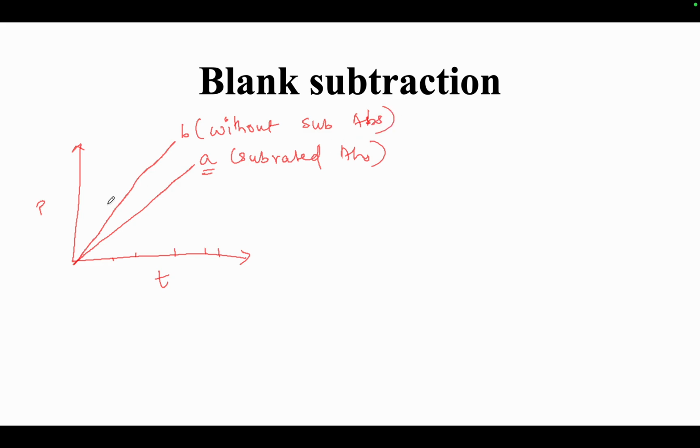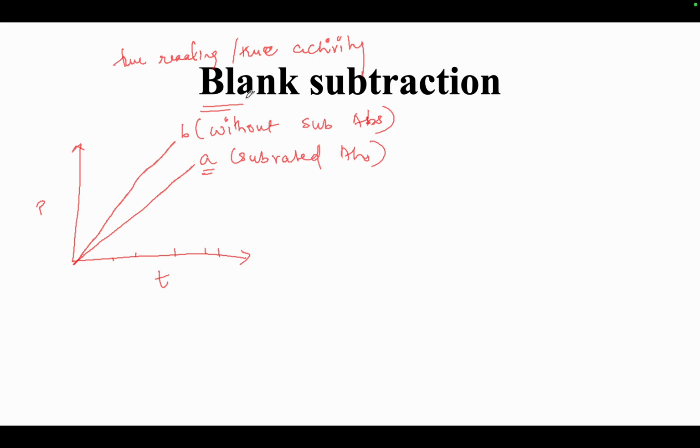This graph will essentially give us wrong readings, because it will have a blank or negative absorbance, and it will not give us true readings or true activity of the enzyme. So that is why it is very important to have a blank subtraction.